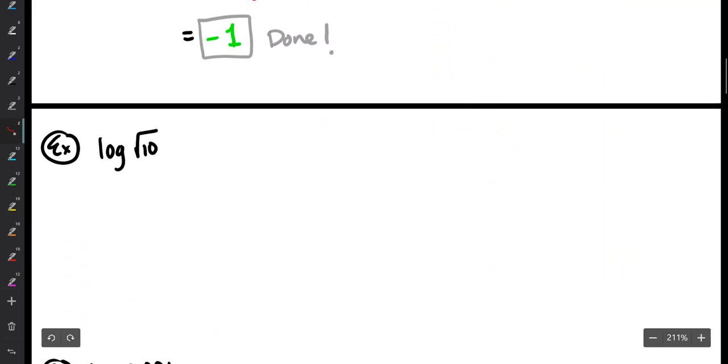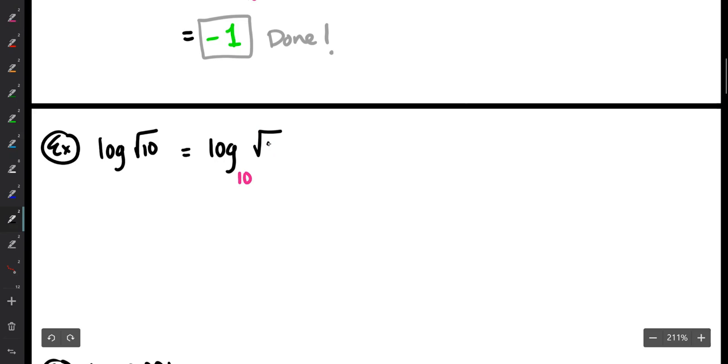Log of square root of 10. That's log base 10 of square root of 10. Well, square root of 10 is a perfect power of 10. It's 10 to the 1/2 power.